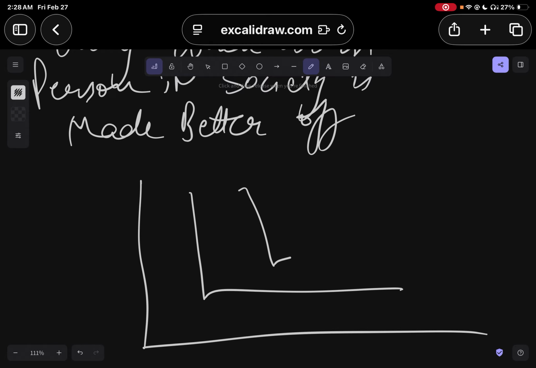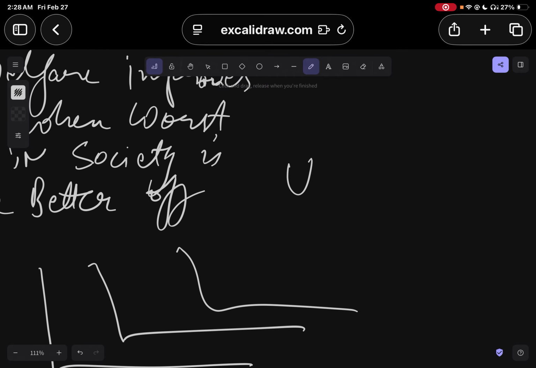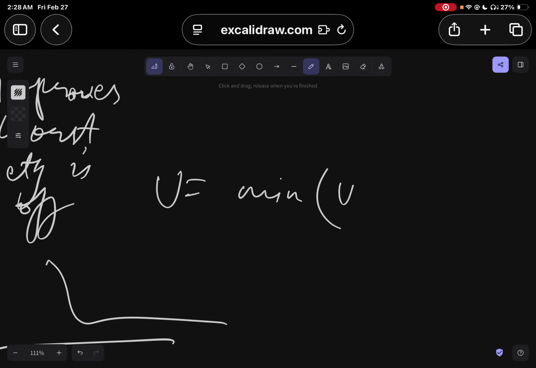These will be L-shaped iso-welfare curves. Welfare is the minimum of UA and UB.